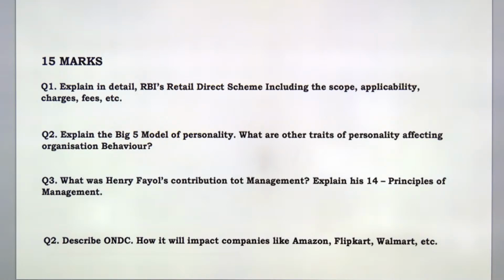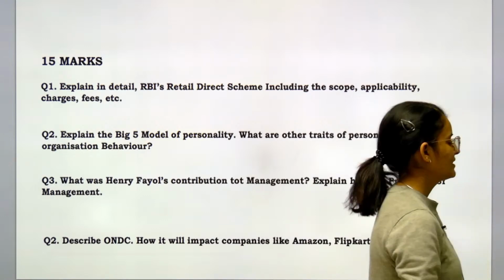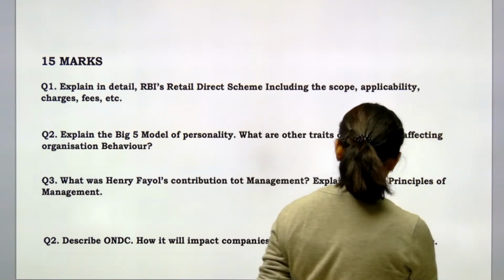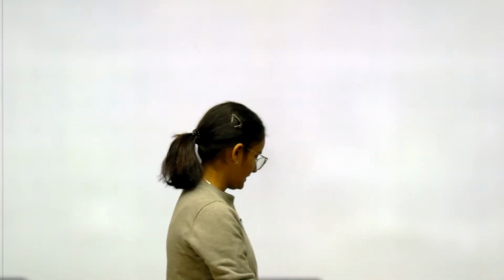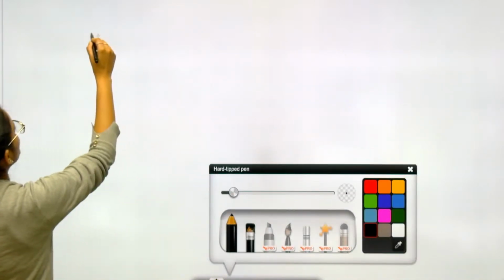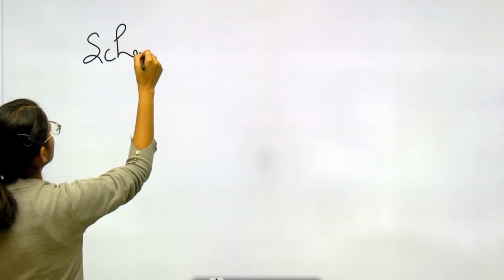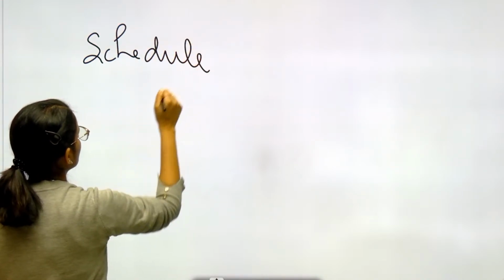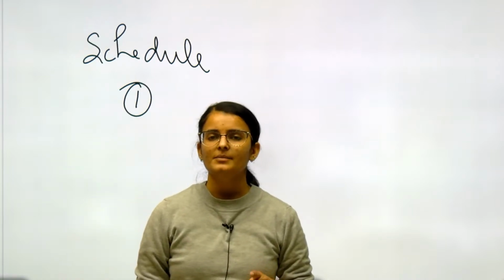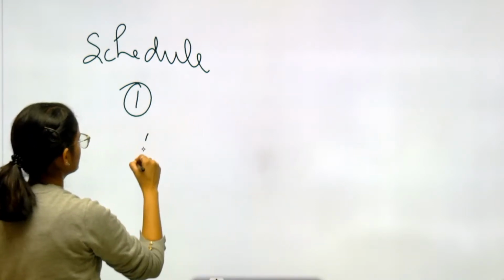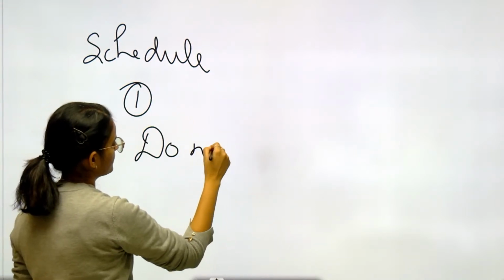Next, more questions. No, just these many questions I have taken for a gist of what is important. See, now what is the schedule? One big mistake that most aspirants make is that they do not practice.